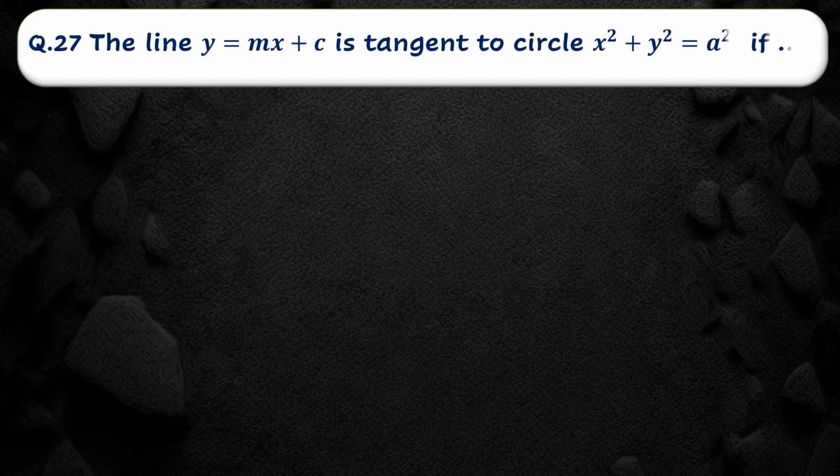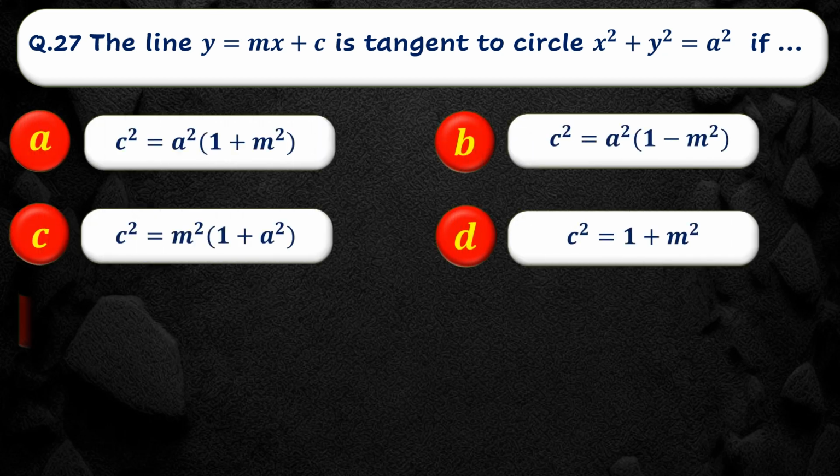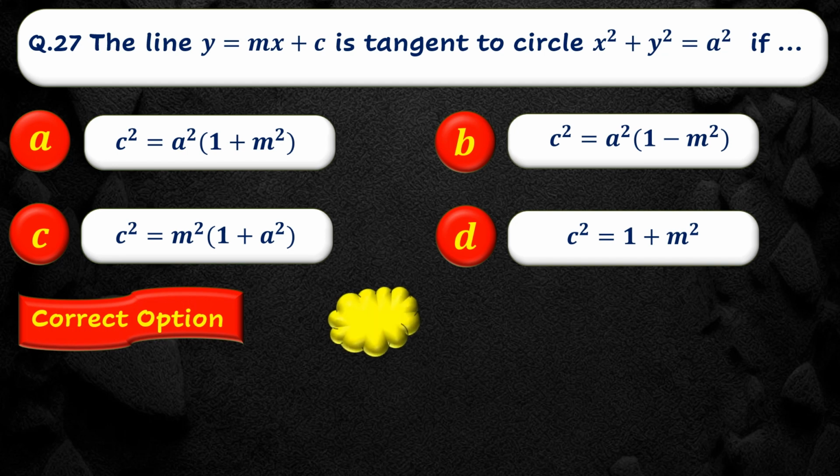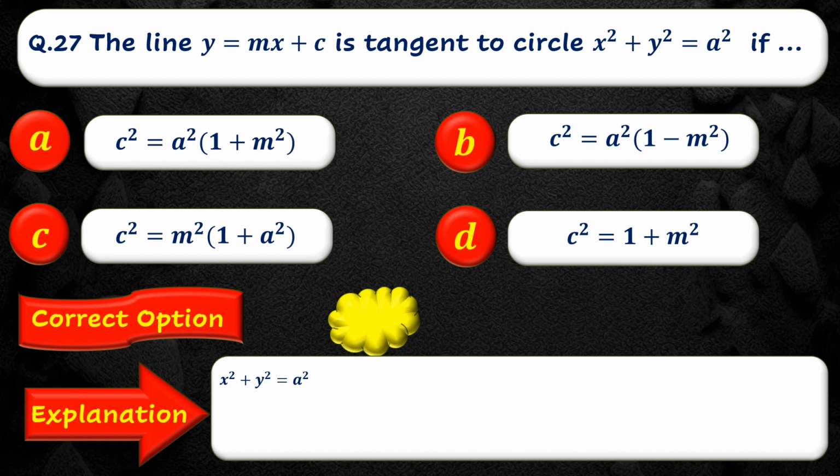Question number 27. The line y is equal to mx plus c is tangent to the circle x square plus y square is equal to a square if, and the options are, let's check out which one is the correct option. Given circle is x square plus y square is equal to a square. Given line is y is equal to mx plus c.